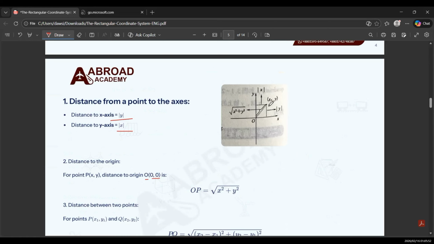As you can see here, if we draw a point here, it will be (x, y), and here's our intersection point, O. The distance of O from P will be the root of x square plus y square.